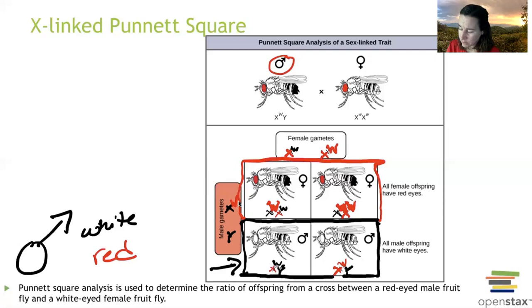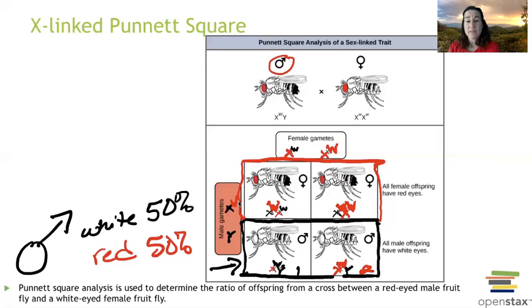So this one has white eyes, and this one does not. So it is a 50% chance of white eyes and a 50% chance of red eyes. One box white and the other box is red. So out of the 2 boxes, a 50-50 shot.